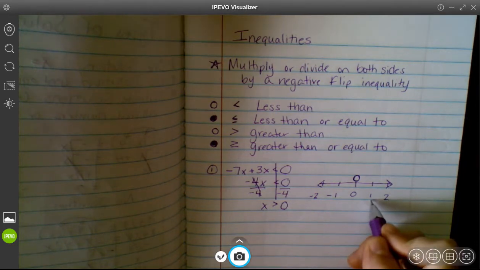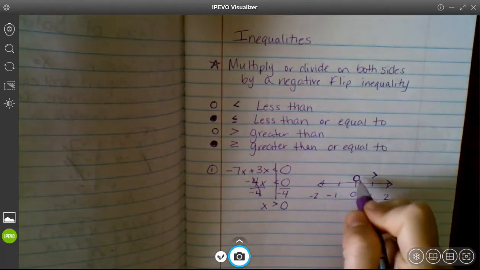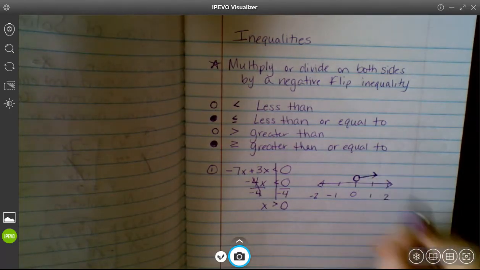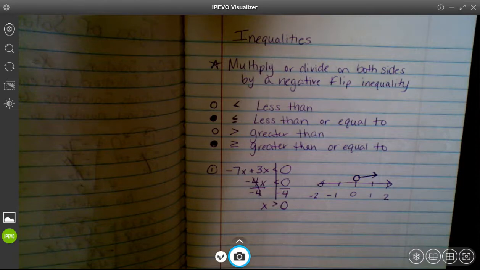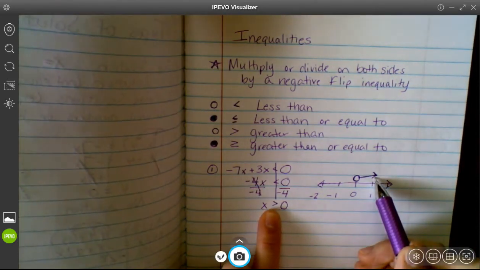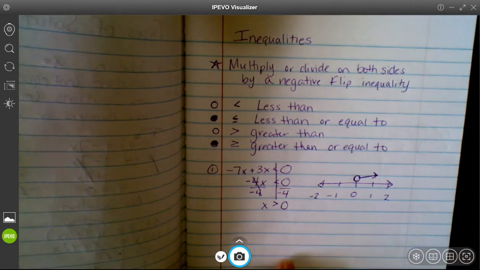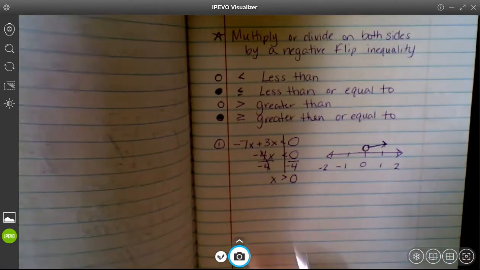Well, 1 is greater than 0. So I'm going to draw my line this way. That means every number bigger than that is an answer. Also, if you notice, my arrow points this way and my sign points this way. This only works if your variable is on the left. It does not work if your variable is on the right. Okay, so let's try another one.